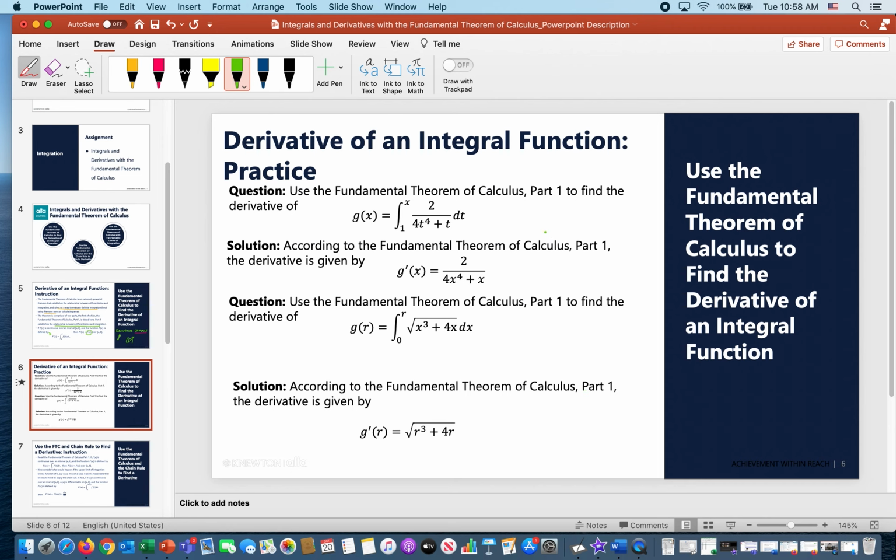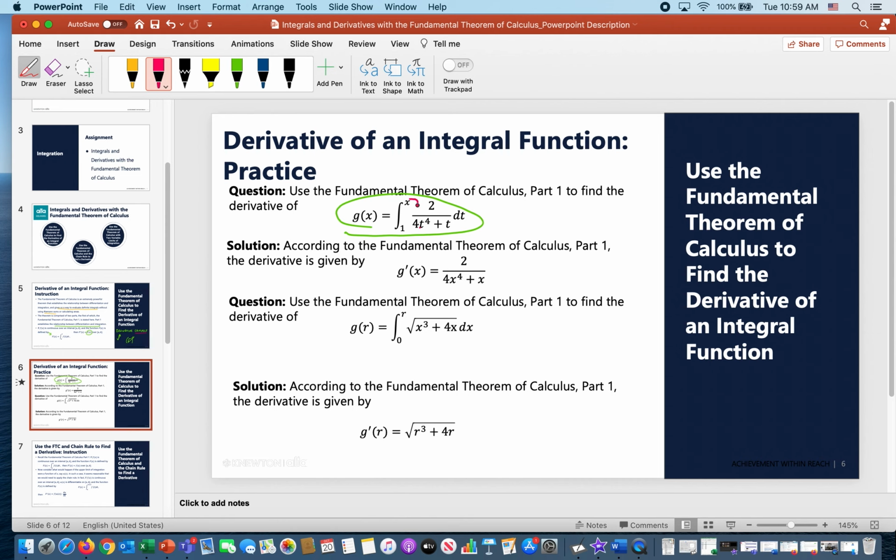This one says, use the fundamental theorem of calculus, part 1, to find the derivative of this guy right here. Well, the truth of the matter is that the derivative and the antiderivative cancel. And so if I said find g prime of x, it is going to be 2 over, now notice there's a slight change right here, not t anymore, x.